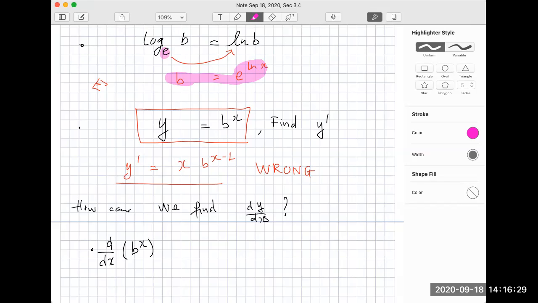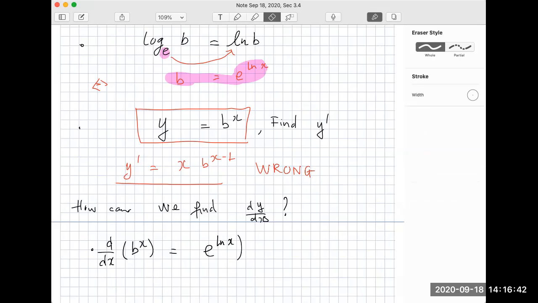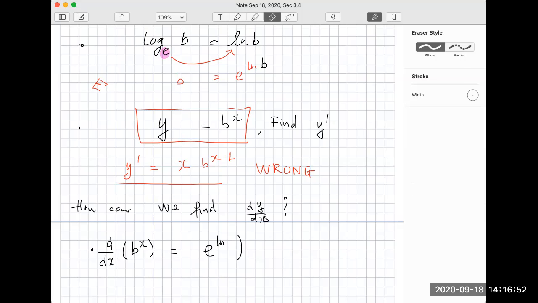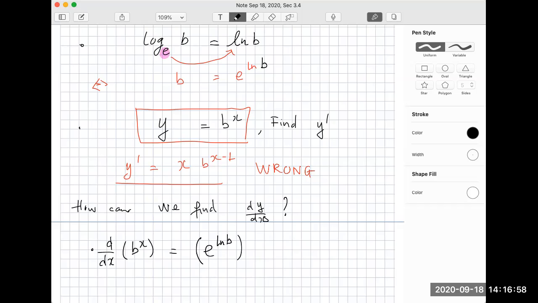Let us substitute here and see what happens. Sorry, here should be b, the number b, not x. Sometimes we think one way but write differently. So b is e to the ln b. Therefore, b to the x will be e to the ln b, to the x.